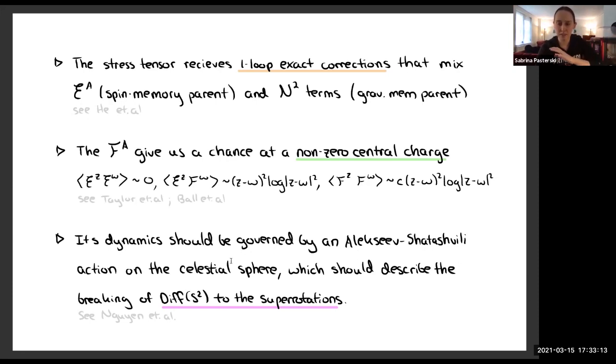This connects nicely with recent work in CFTs, pointing out that the shadow stress tensor and the stress tensor descend from the same effective action, I'm going to pronounce it wrong, describing that symmetry breaking. I think it also connects nicely with other people speaking at this conference, looking at co-adjoint orbits of BMS, et cetera.